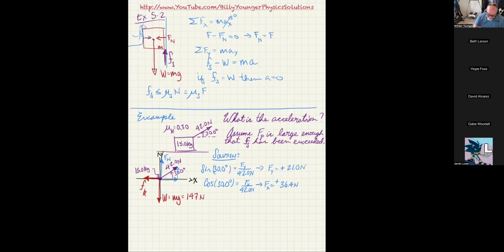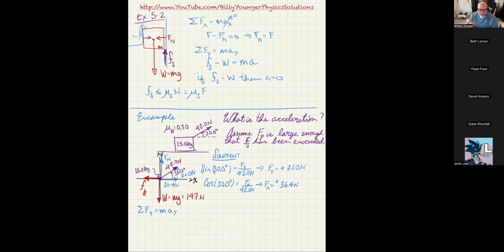Okay, now I've got these forces. This one is 36.4 newtons, and this one is 21.0 newtons. Now I can use Newton's second law of motion: the summation of the forces in the y direction equals mass times acceleration in the y direction.